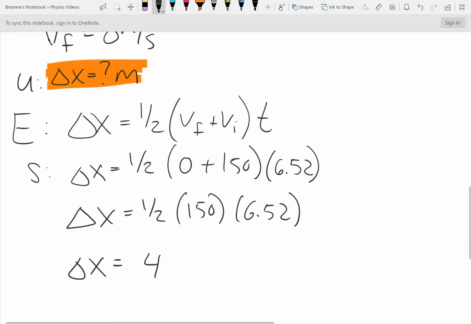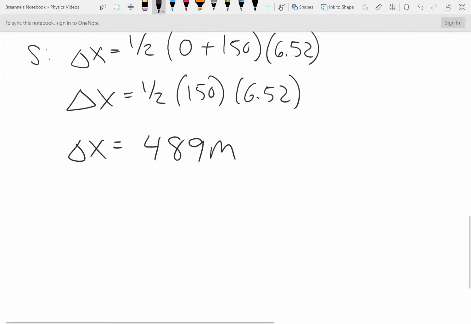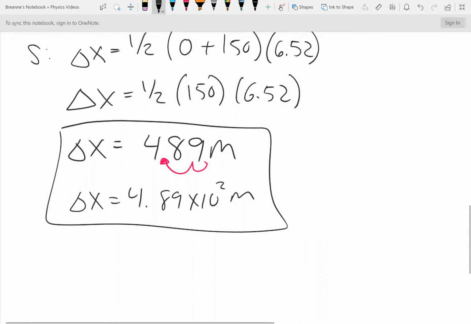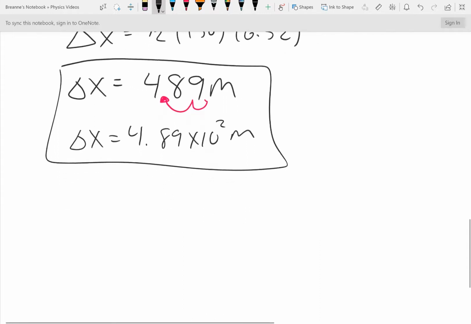And in your handy-dandy calculator, you get 489 meters. That is our answer in standard form. To put it in scientific notation, you have to move the decimal 2 times. So we're left with 4.89 times 10 to the 2 meters. So that is our standard and scientific notation.